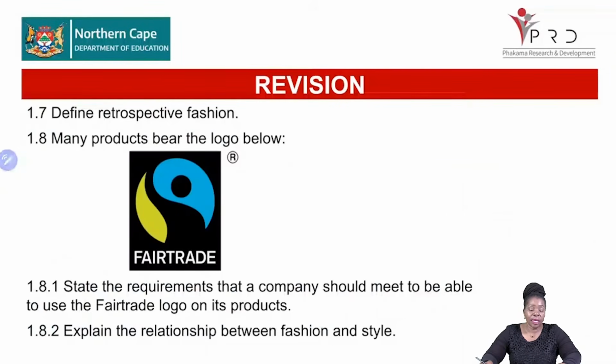And 1.8 says, many products bear the logo below. In 1.8.1, the logo is fair trade. As you can see, this is the logo for fair trade. And the question says, state the requirements that a company should meet to be able to use the fair trade logo on its products.